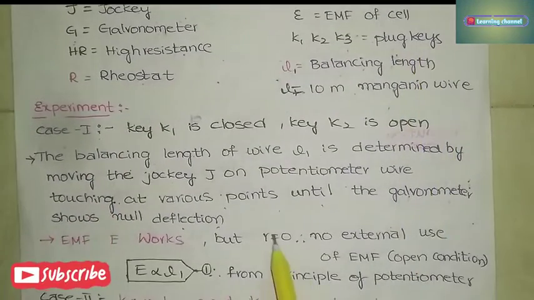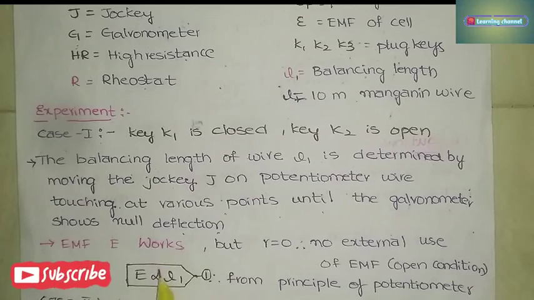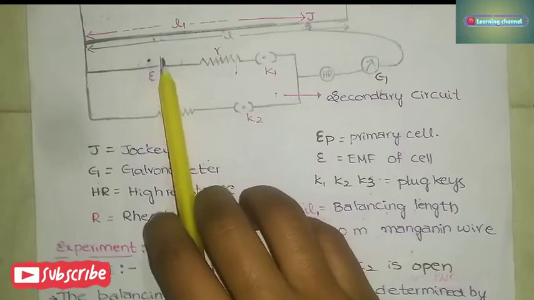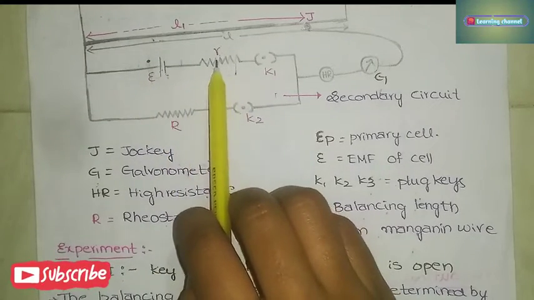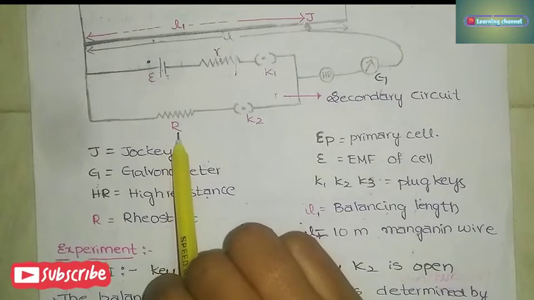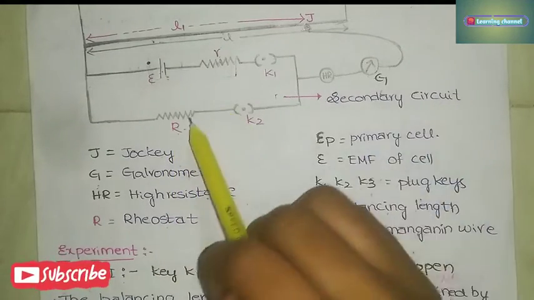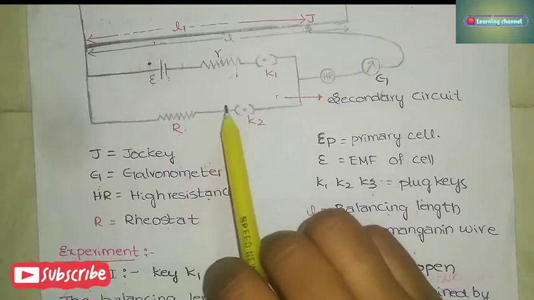After finding it, we can say that E is directly proportional to L. E means EMF. Here it is a cell and it has some internal resistance, let it be r, and here is the resistor R. We can connect a bulb, fan, etc., or simply a small LED bulb.